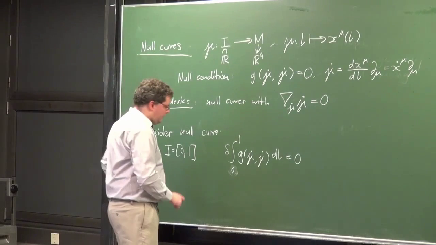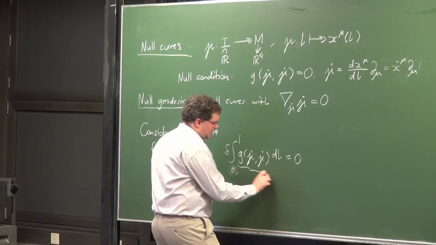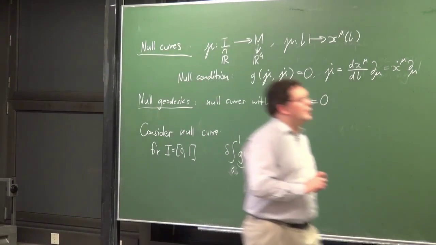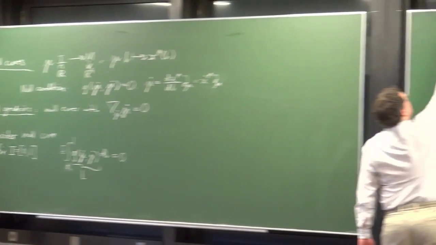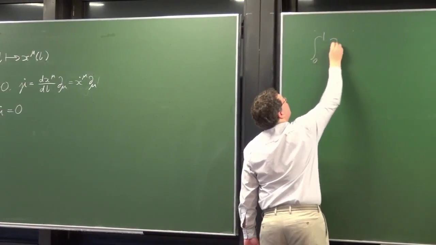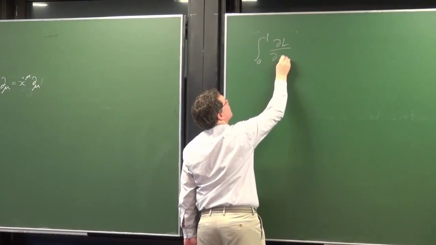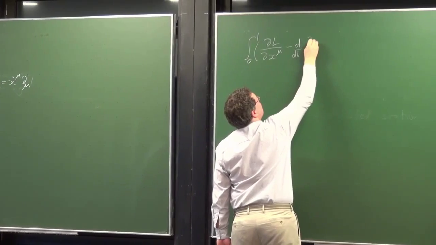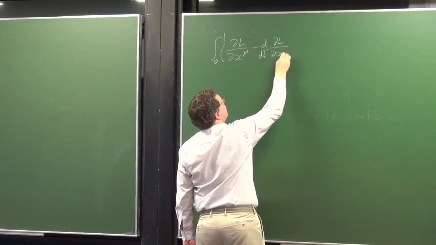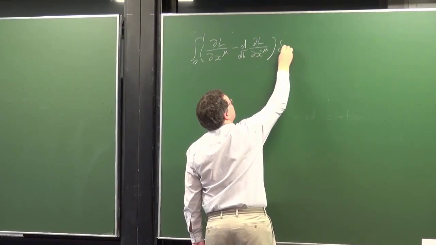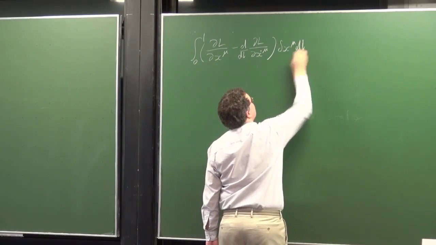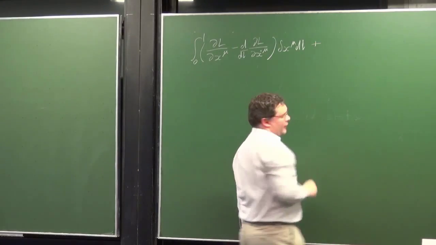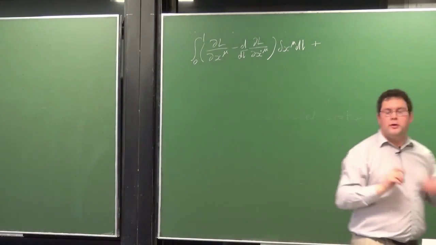Well, if we take the variation, you've probably seen this, you can call this L, we get the functional derivative. So we get the integral of the Euler-Lagrange equations times the variation, plus, of course, the variation at the start point and end point of our curve.